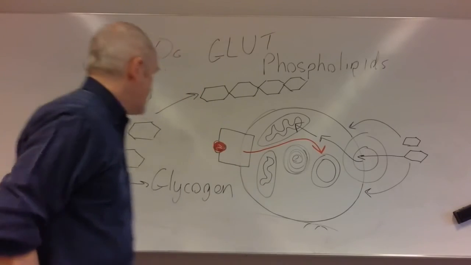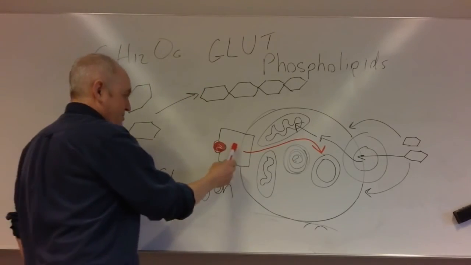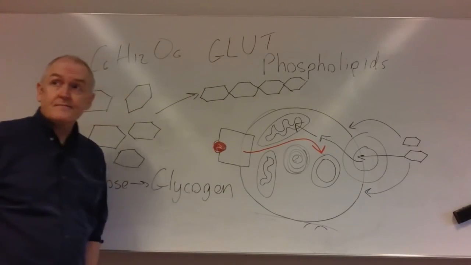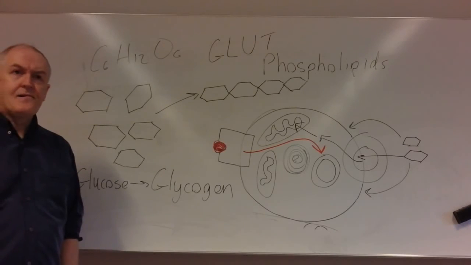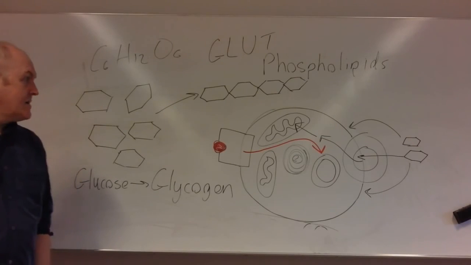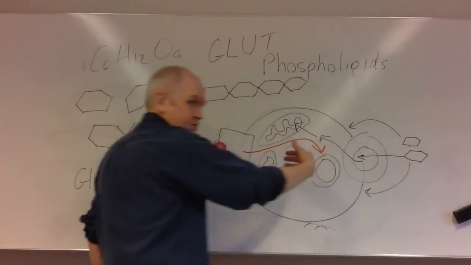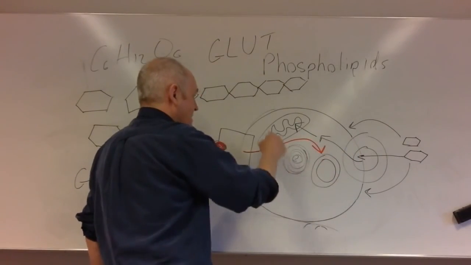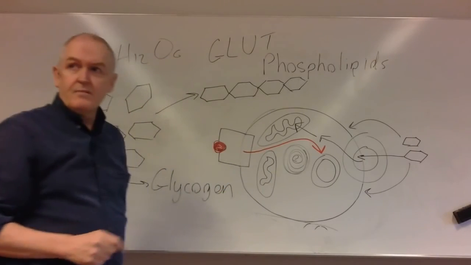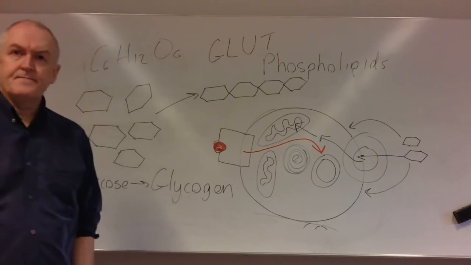But that only happened because the insulin hooked up to the insulin receptor. Now, as a result, the glucose will pour through the glucose transporter molecule into the cell, and the mitochondria will be happy. They'll make all the energy they need now.